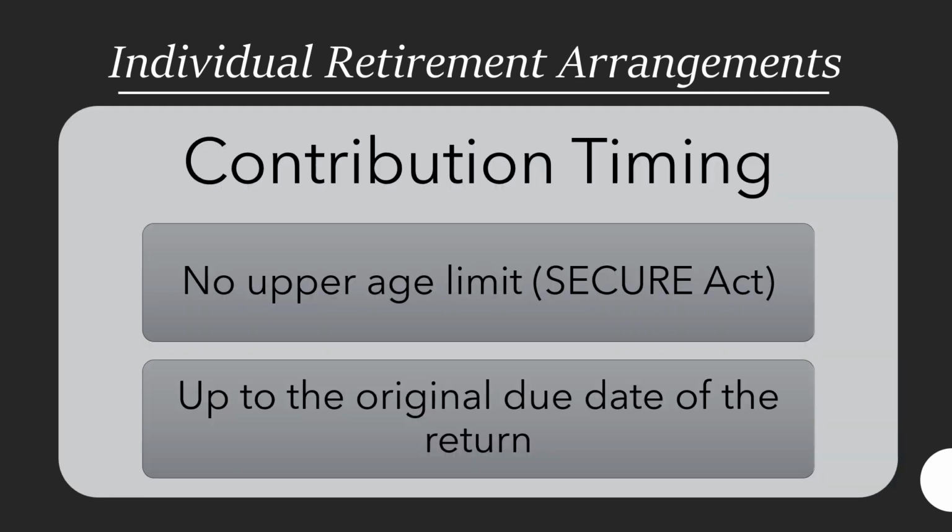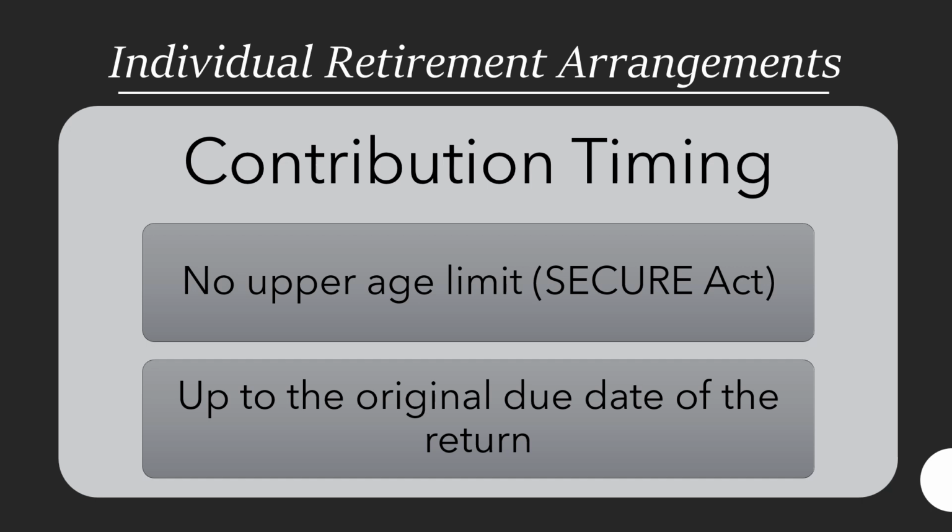And then as far as timing contributions, there used to be an upper limit on the age you could be and still contribute to an IRA. That was gotten rid of by the SECURE Act, so even older people who are retired could technically still be contributing to their IRAs.